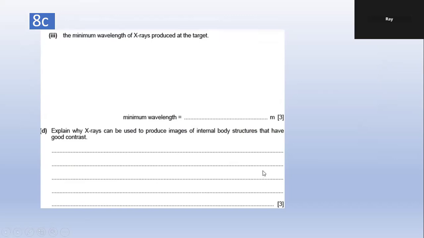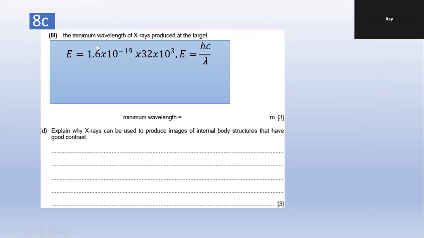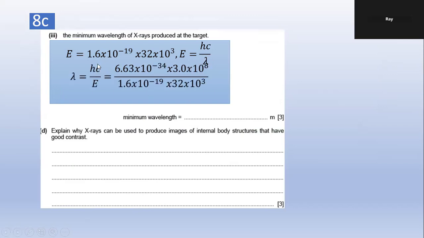E equals hf, which is hc over lambda. That's your E in joules. So E max equals hc over lambda, where the maximum becomes the minimum wavelength. Cross multiply: lambda equals hc over E. This is your h, that's your c, and E is that one.